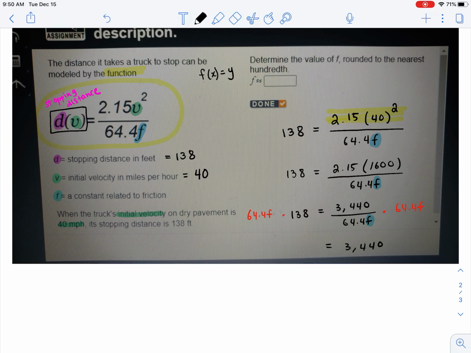Now on the left side, I am going to do 64.4 times 138. Then I get 8,887.2 f. We're almost there. We have our f, but we want to isolate this f. So we are going to divide both sides by 8,887.2.